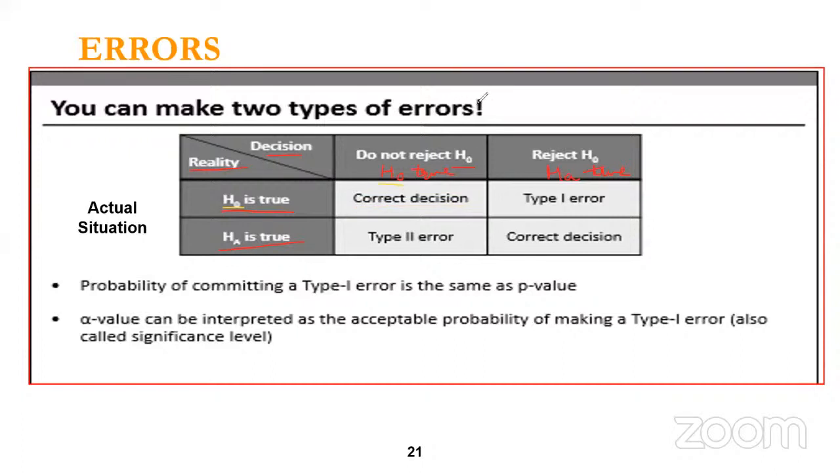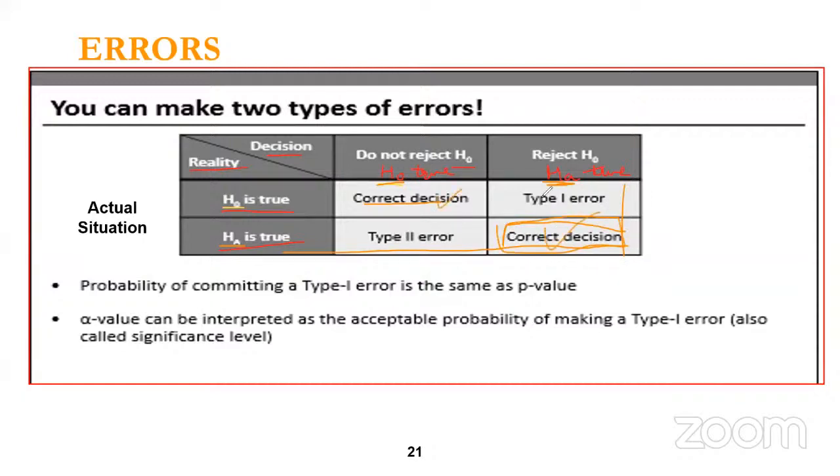In the same way, if actually it is the alternate hypothesis, our model also suggested that it is the alternate hypothesis. So this particular value is again a correct decision made. So these two are the correct verdicts made.